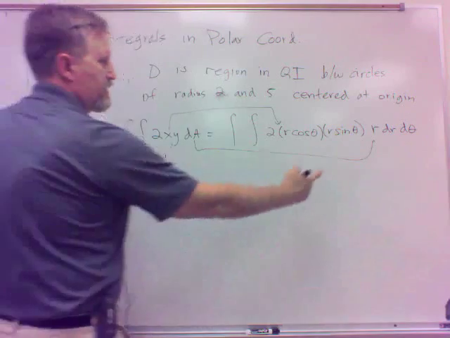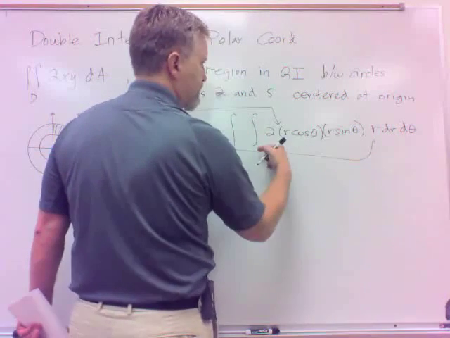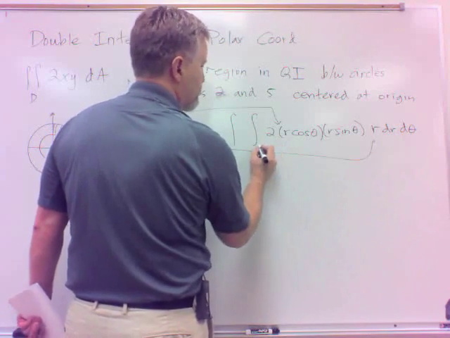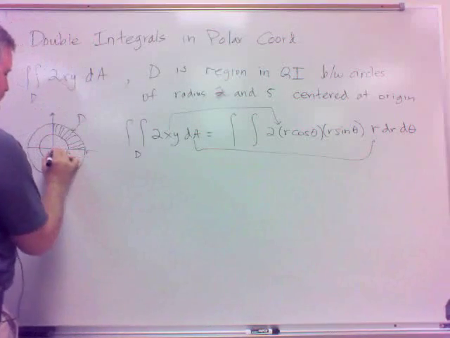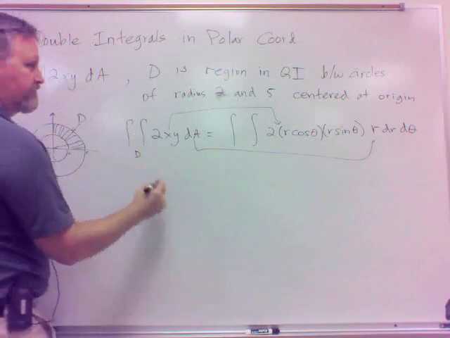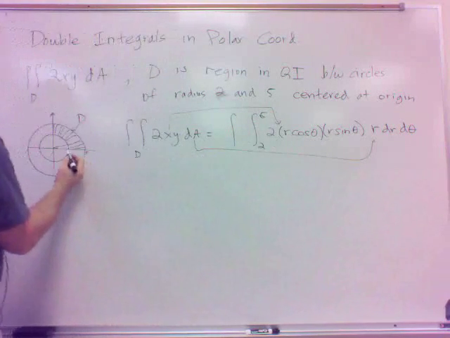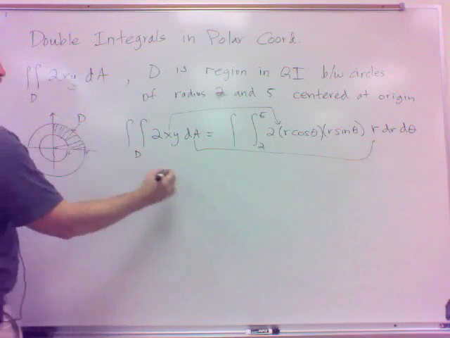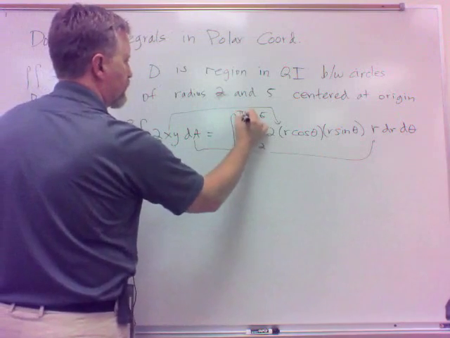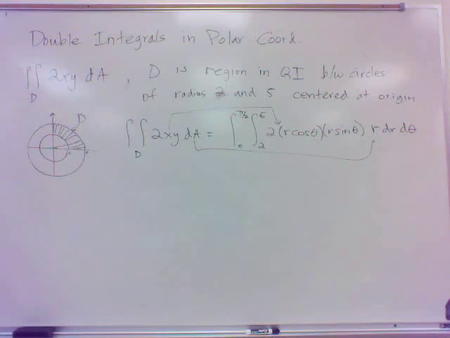All right, then our limits: r goes from 2 to 5. Okay, so my radius goes from 2 to 5 nicely. And then the thetas, 0 to pi over 2. Okay.